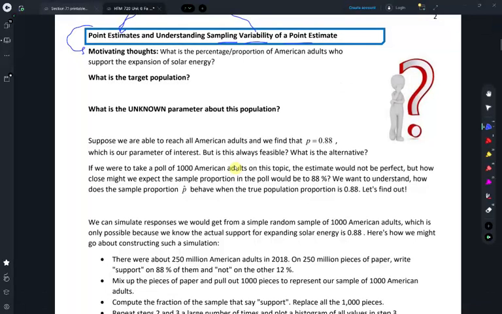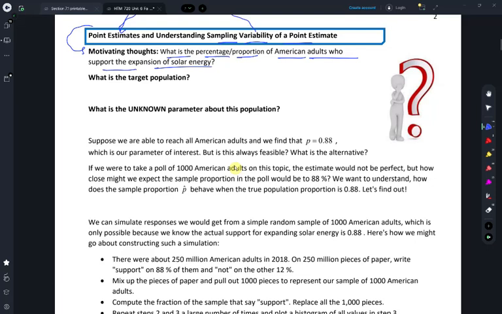What do you think? What is the population percentage or proportion of American adults who support the expansion of solar energy? 80%? 54%? Well, we can go on with that guess.